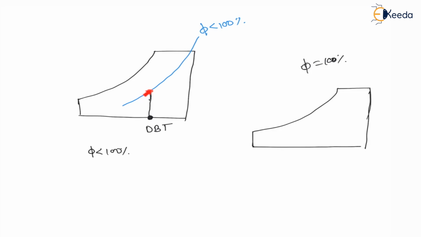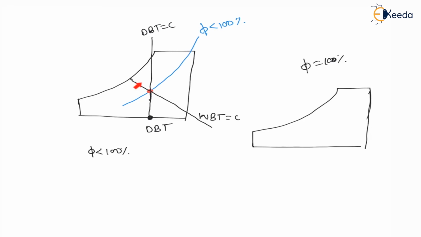Now from this point, if I draw the wet bulb temperature line, because the dry bulb temperature line is a vertical line, right? The wet bulb temperature line is an inclined line sloping downward to the right. On this line the wet bulb temperature is constant, and on this vertical line the dry bulb temperature is constant, right?